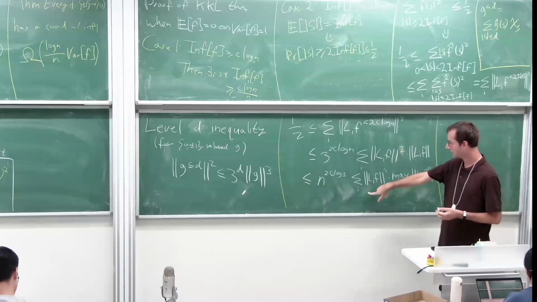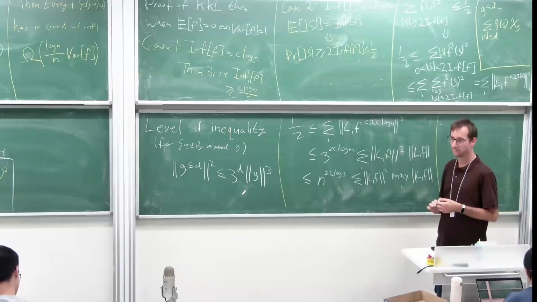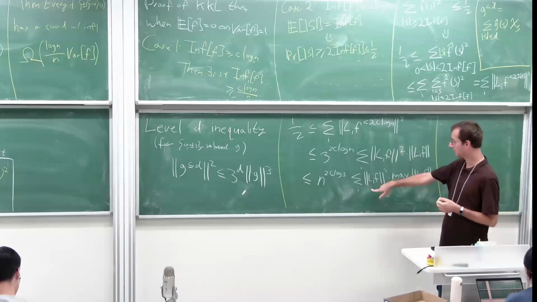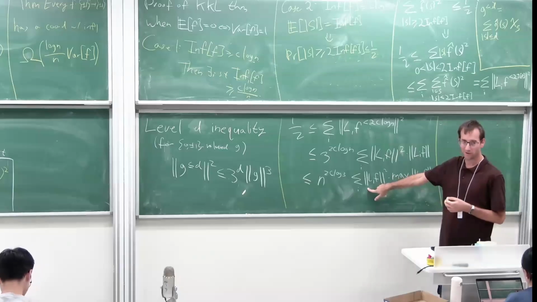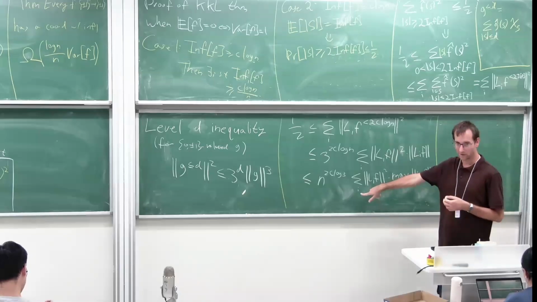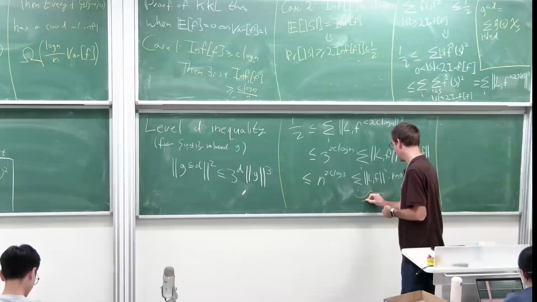Okay, but what is this sum? This is the influence of coordinate i. So if you sum over all i, this is the total influence of f.